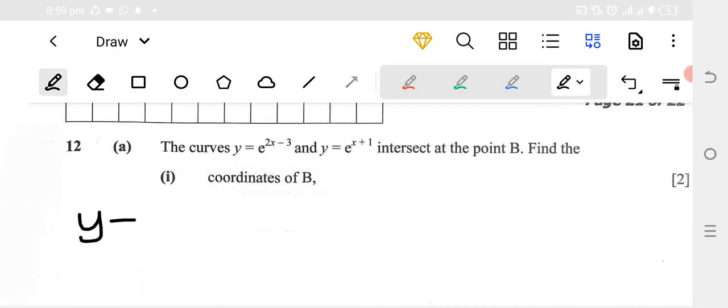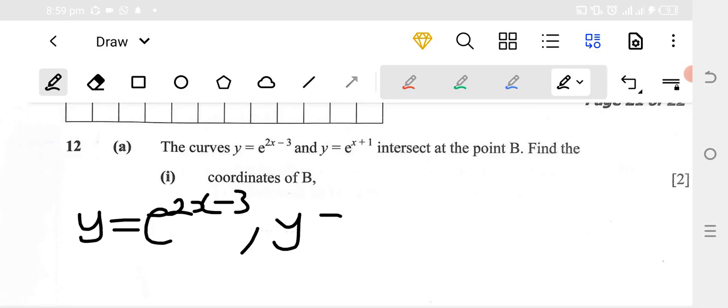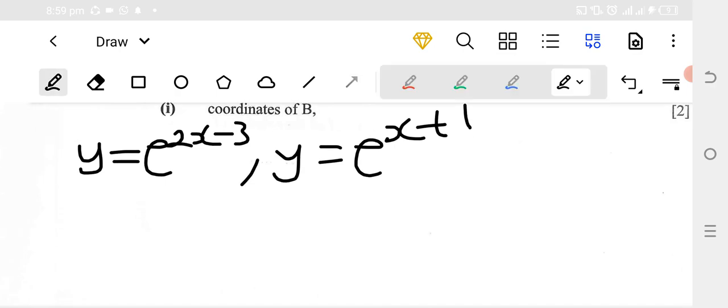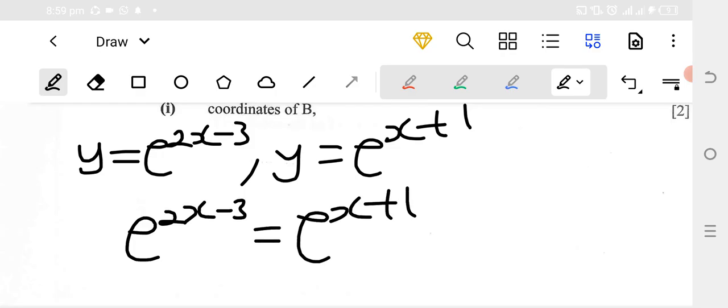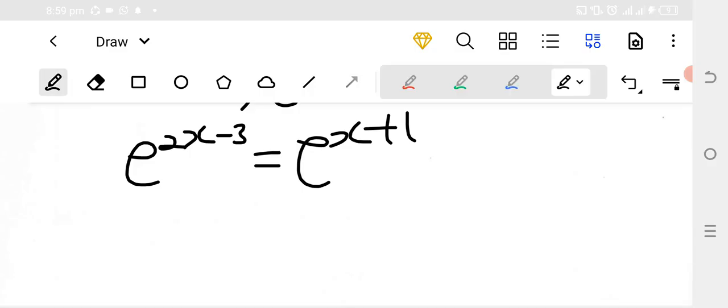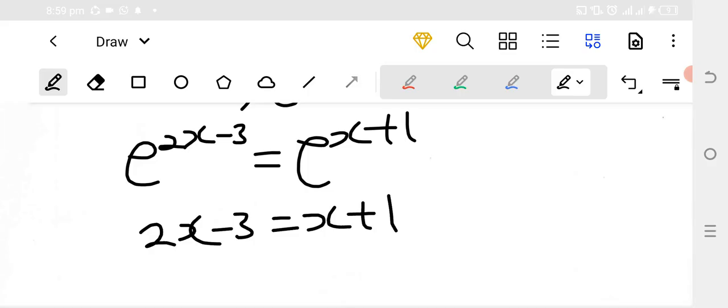So we're saying y is equal to e to the power 2x minus 3, and then y is equal to e to the x plus 1. Since both are equal to y, we'll say e to the 2x minus 3 is equal to e to the x plus 1. Then when we reach this point, since the bases are the same, we can equate powers. 2x minus 3 is equal to x plus 1.